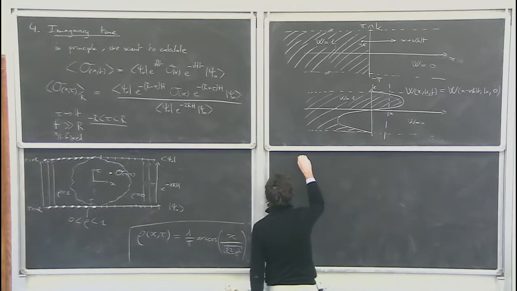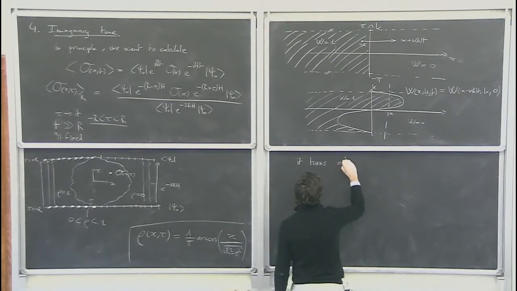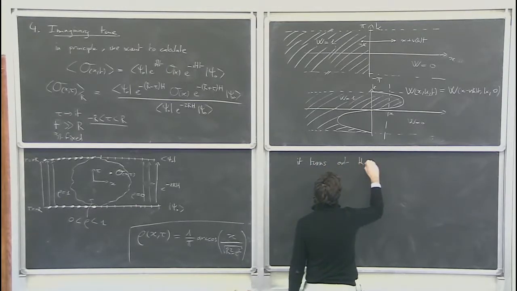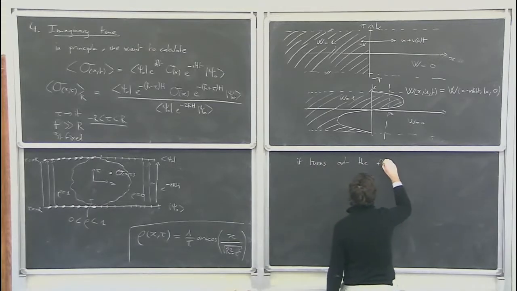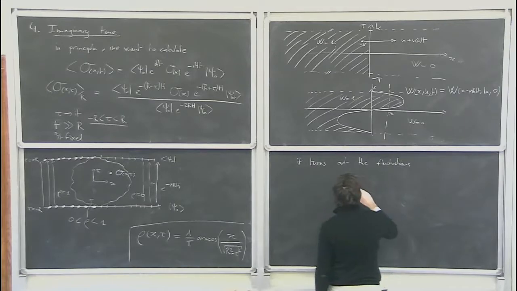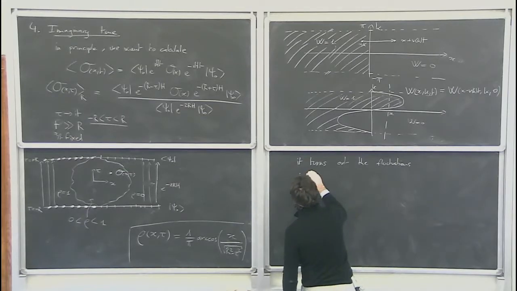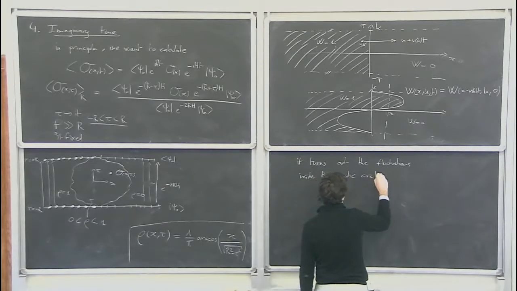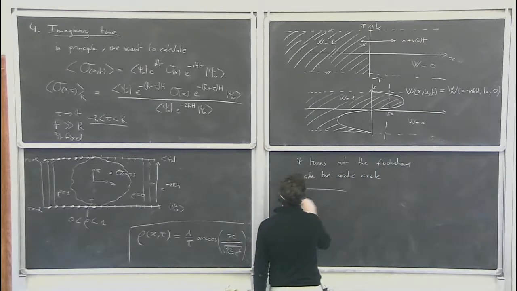So, I'm not going to show this, but it turns out that the fluctuations inside the Arctic Circle, so inside that region here.